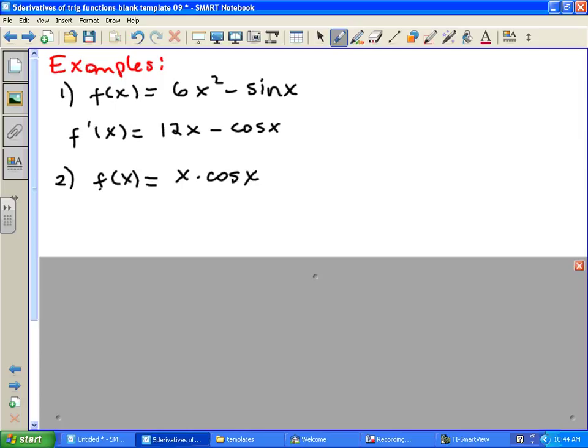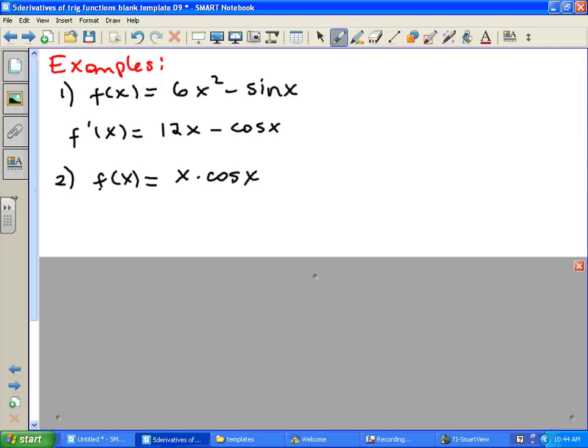Give you a few moments. Do we need to use the product rule here?